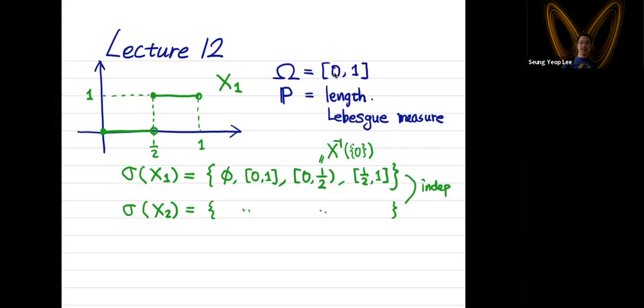Then we can say that x1 and x2 are independent random variables. So we have to somehow draw x2 such that these two sigma algebras are independent. There are many solutions, because I created actually infinitely many independent random variables. But one solution was like this. So I will use the red.